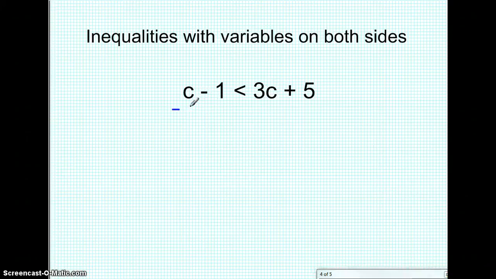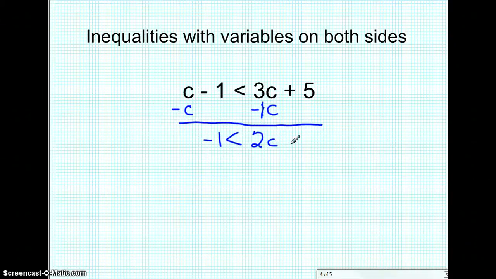So I'm going to take the c off of this side by subtracting it. And remember that there is an invisible 1 here. What that leaves me over here is negative 1 is less than, and 3c minus that 1c is going to leave me with 2c plus 5.